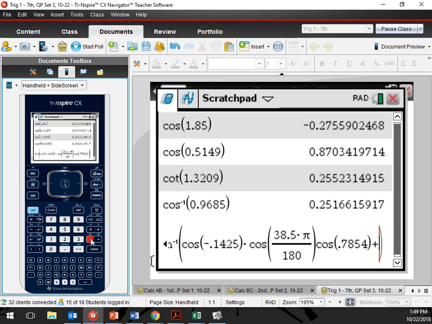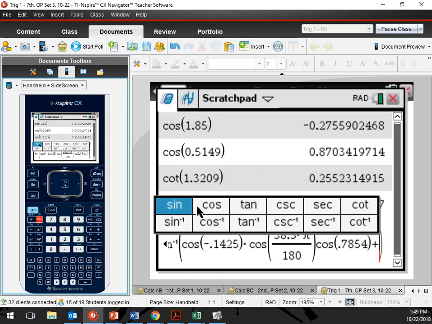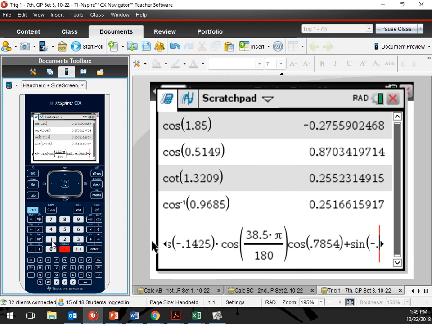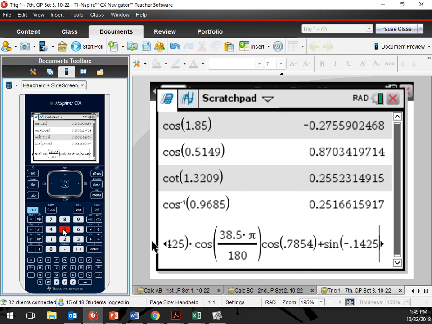Wait, we're still going? Yes, I am. It's in the notes too. So negative 0.1425. Close.